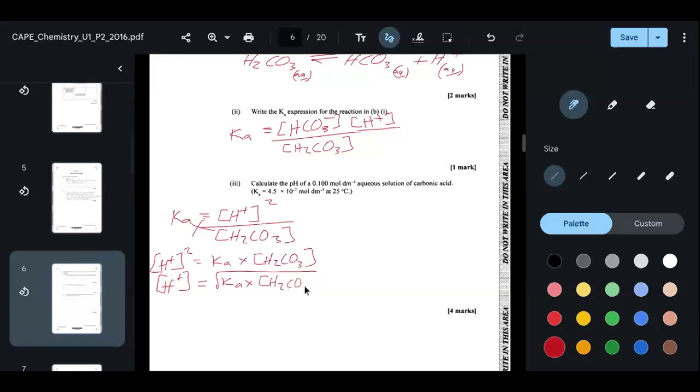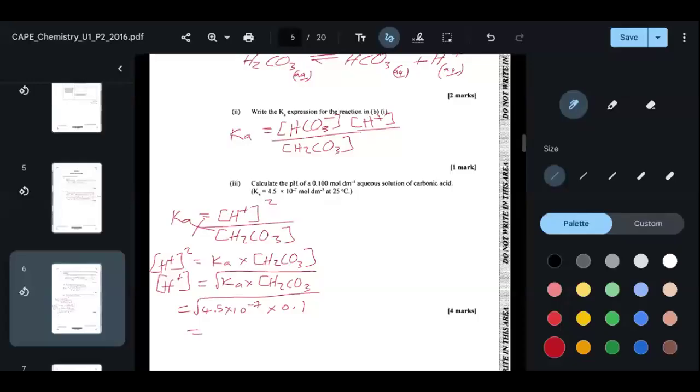So that is equal to 4.5 times 10 to the minus 7, times, what was the concentration? 0.1. I'm getting 4.5 times 10 to the negative 8.